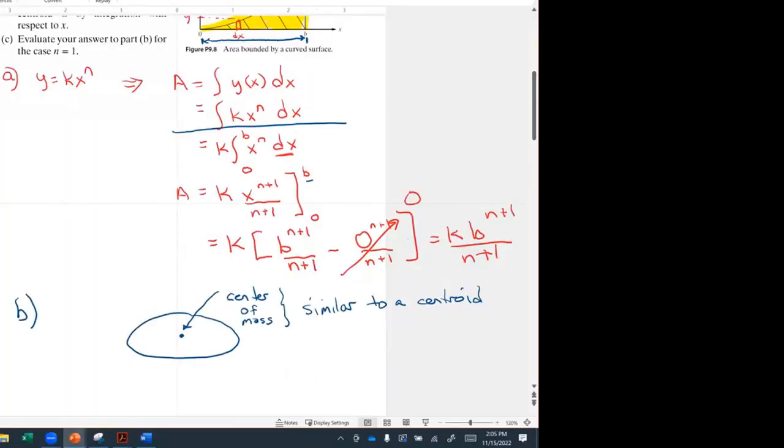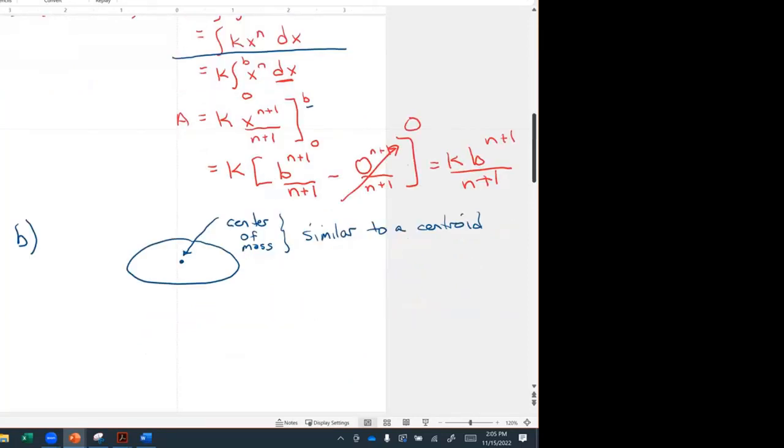The formula we need to use is x bar. This is our x value for this. It's basically the average value of x. That's not an unusual notation, x bar, for the average value. And why I'm integrating is I'm taking little slivers and I'm going to find the center of each box.